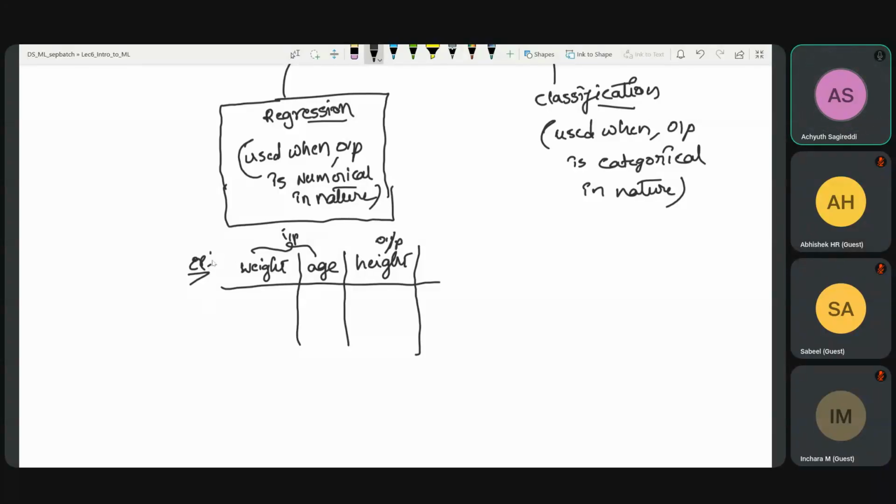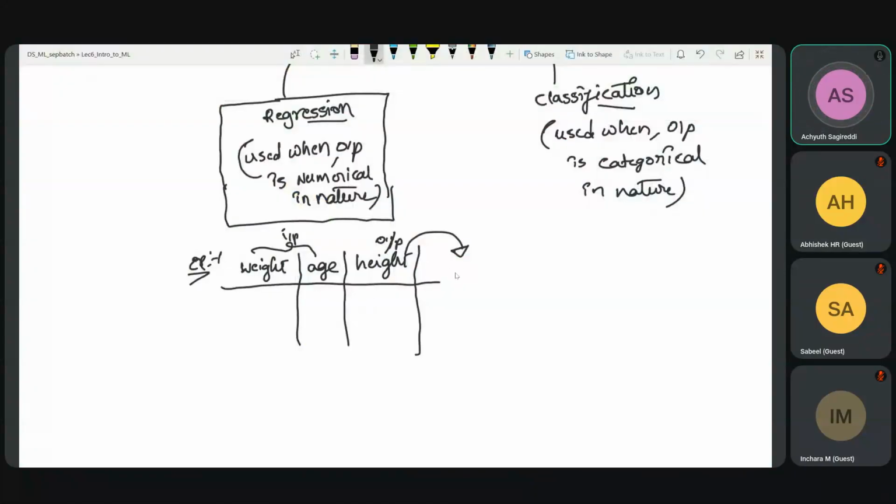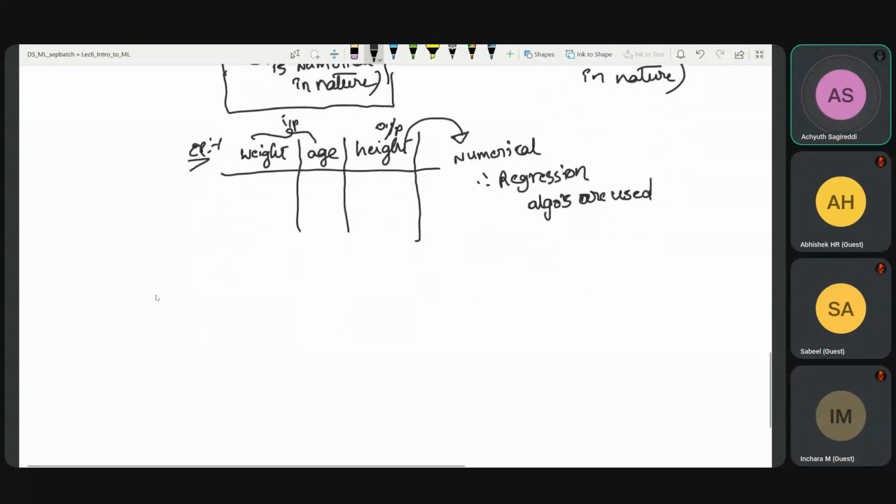Firstly, tell me, is height numerical or categorical? Yeah, exactly, regression. Why regression is to be used in this case? Because this is numerical in nature, therefore regression algorithms are used. And we'll see some other example too.